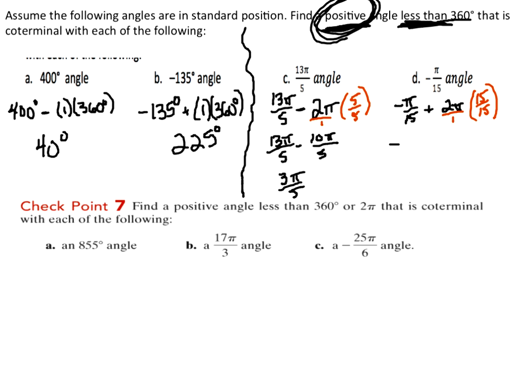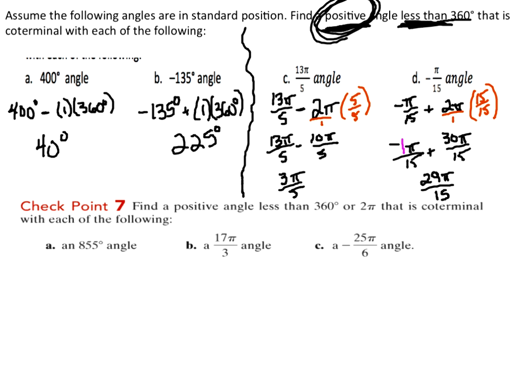And that gives me negative 1 pi over 15 plus 30 pi over 15. So negative 1, positive 30, I end up with 29 pi over 15.